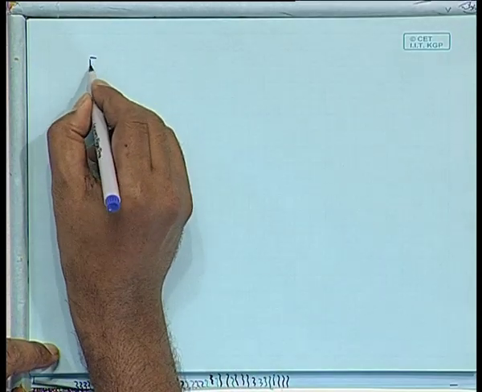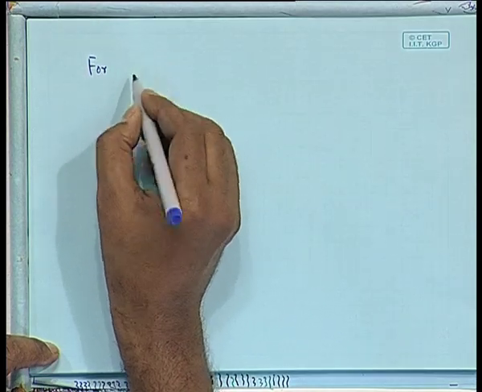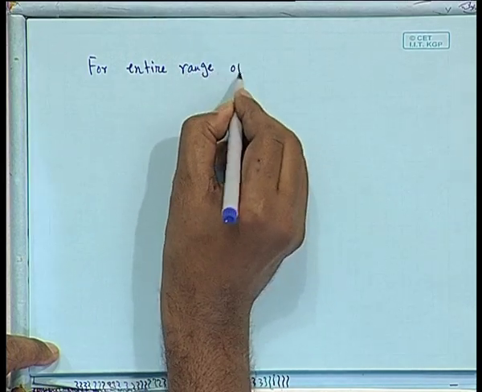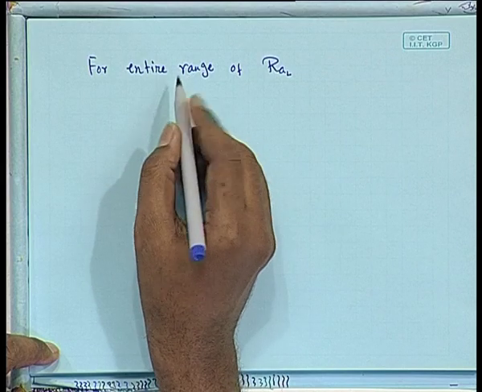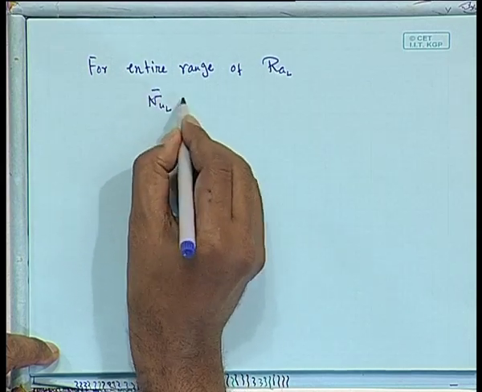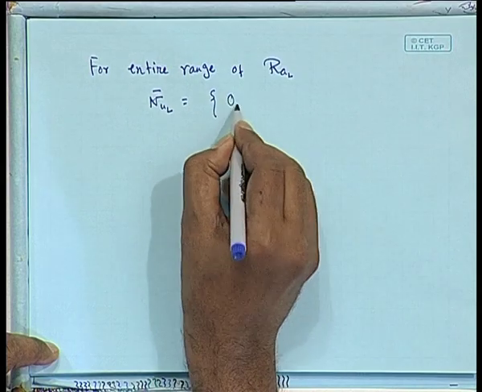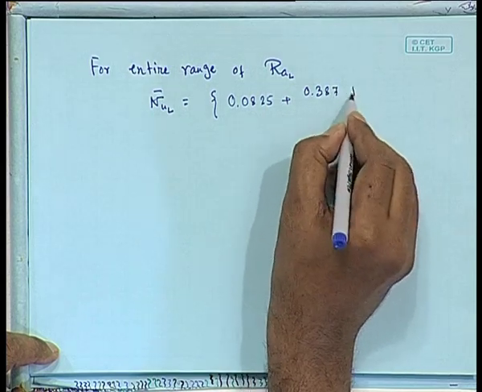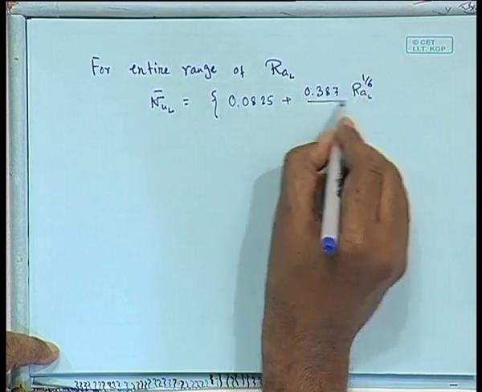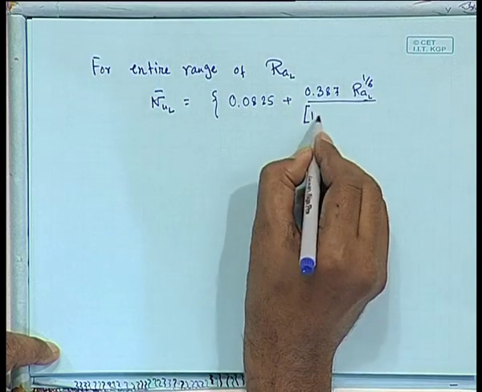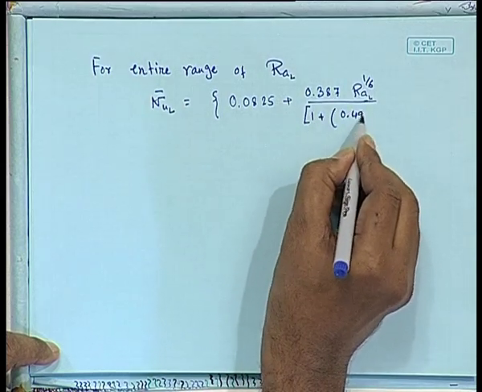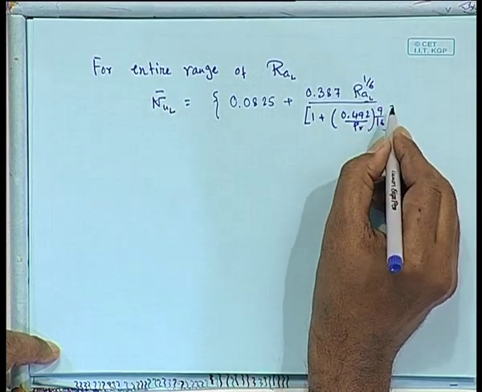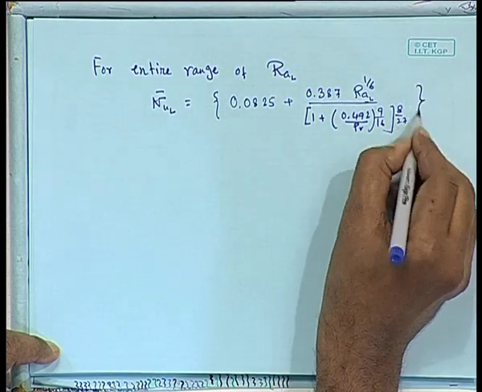Now, for the entire range, there is one more general correlation available for the entire range of Rayleigh number. The Nusselt number correlation will take this form: 0.825 plus 0.387 Ra_L raised to the power 1/6 divided by [1 plus (0.492 by Prandtl) raised to the power 9/16] whole raised to the power 8/27, squared.